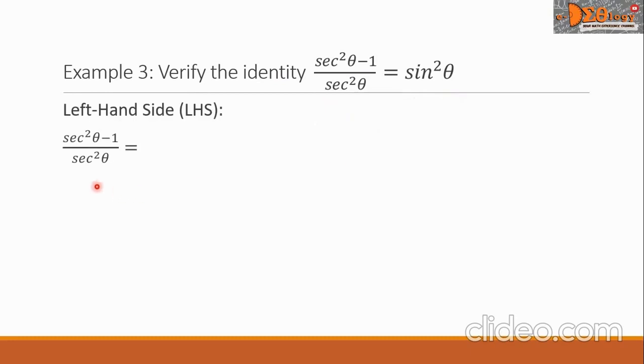I copied the left hand side in here. And then one Pythagorean identity says secant square theta equals tangent square theta plus 1. I am going to replace the secant square theta of the numerator with this value, tangent square theta plus 1.